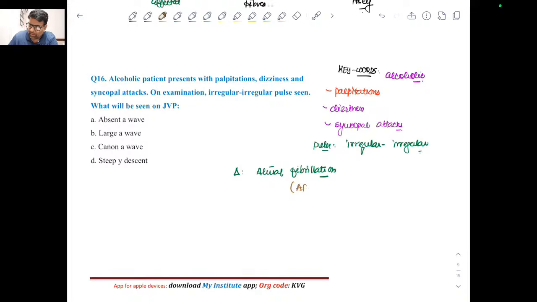Atrial fibrillation. And this is also known as holiday heart syndrome. In alcoholic atrial fibrillation, this is holiday heart syndrome actually. So alcoholic patients can develop atrial fibrillation, and one of the classical features is irregular pulse.